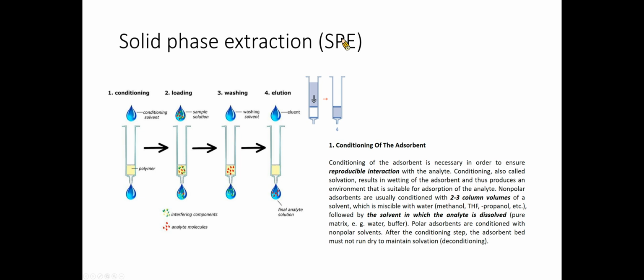The non-polar adsorbents are usually activated with 2 to 3 column volumes of an organic solvent, such as methanol, and then followed by the solvent in which the analyte is dissolved, usually the pure matrix or water. The polar adsorbents are conditioned with non-polar solvents. You should keep the adsorbent bed filled with the solvent before sample loading.